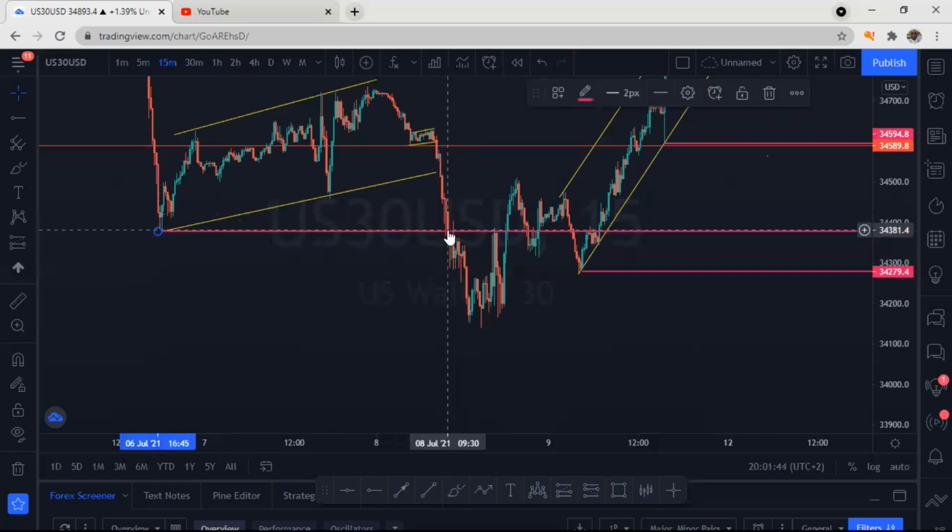The price came to this level and it looks like a double bottom, but the price pushed up a little bit, and you panic and say, now it's a buy. You buy, and the price pushes back down.